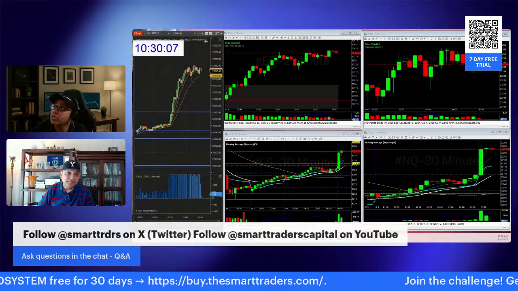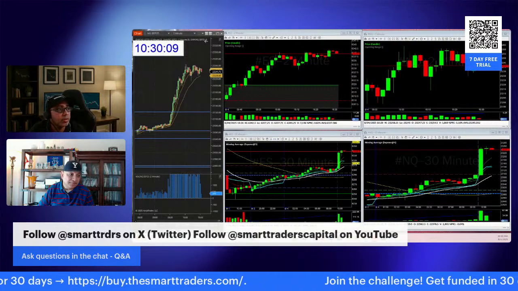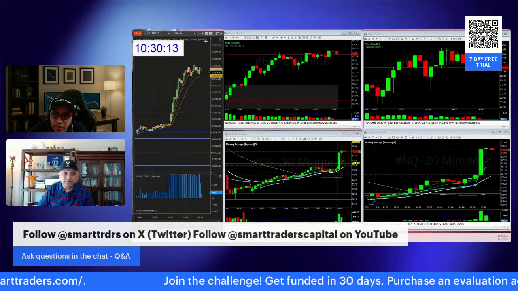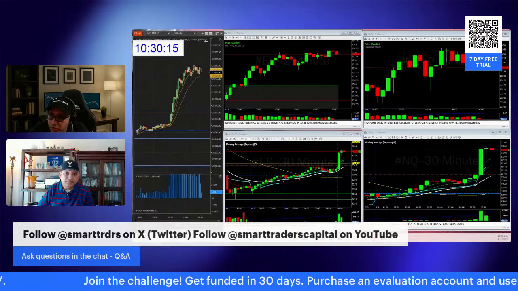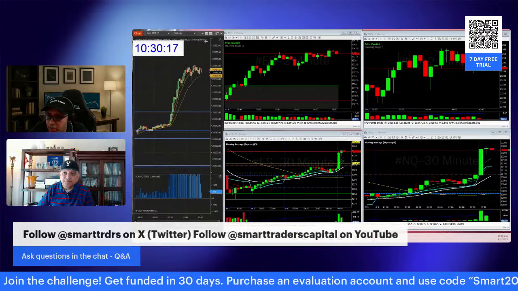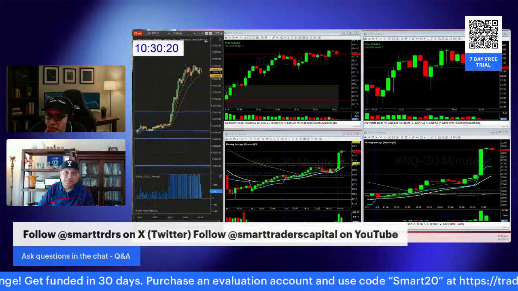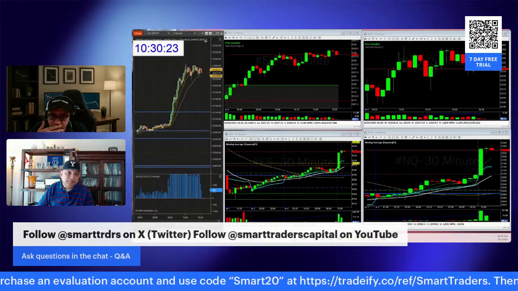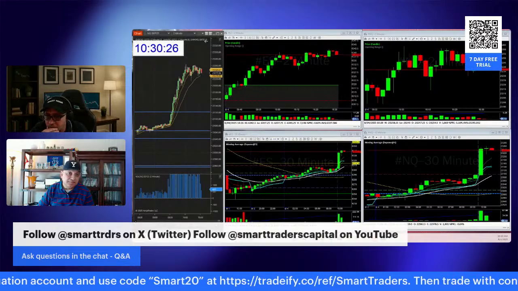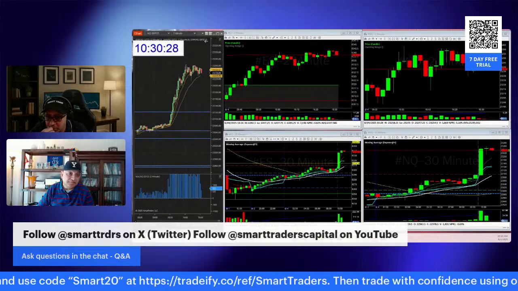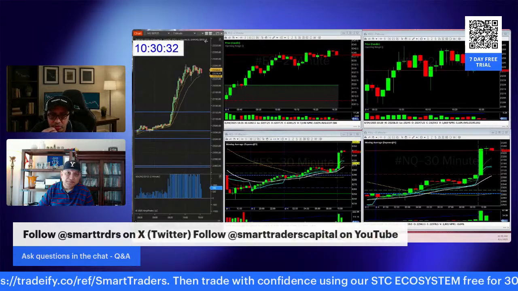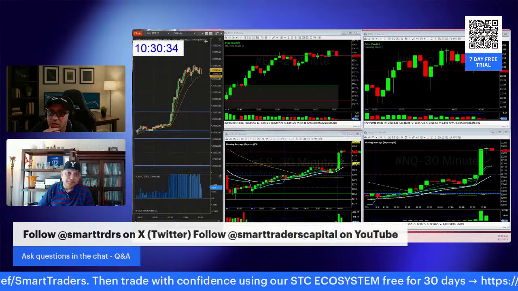Okay, it's 10:30 now. Let's see what happens now. This is another double top rejection. Let's see here. I'm looking. If it's going to fail here, I'm going to go short. But I want the ES to come below the highs as well. NQ is weak a little bit, but ES is still holding nicely.